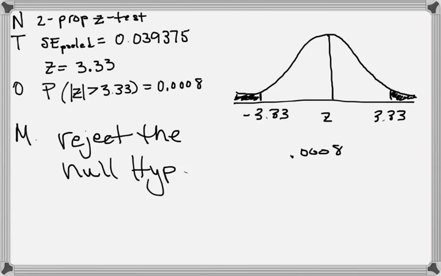That's very unlikely to occur. So we're going to reject the null hypothesis that there is no difference and conclude that there's a difference between older adults and younger adults when it comes to snoring. And in fact, judging from my results, it would appear that older adults are more likely to snore because their proportion was a lot higher than the younger one.